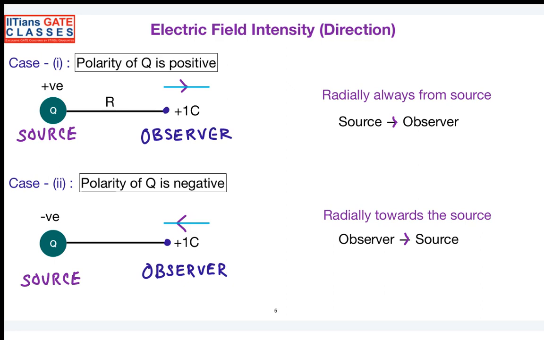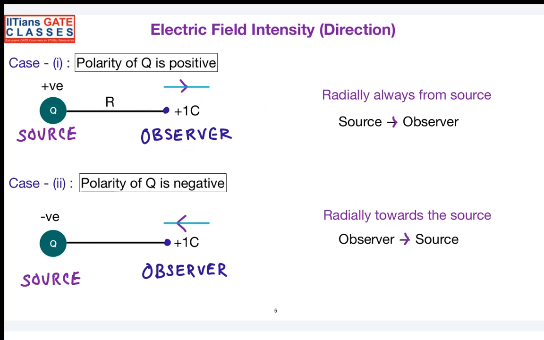You can see whether the polarities are both plus or both minus, and at the same time you should concentrate only on the observer, right? Because electric field intensity is the force experienced by the observer itself. So you see the position of the observer and the polarity of the source. Both positive means the observer is trying to move away from the source, right? If the source is negative, the observer is trying to attract towards the source. That is the reason. Simple.